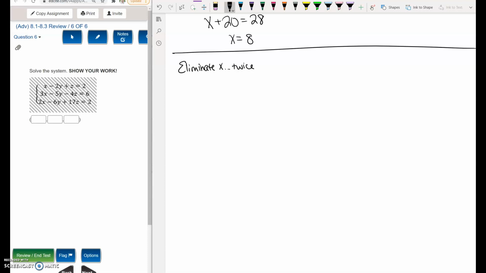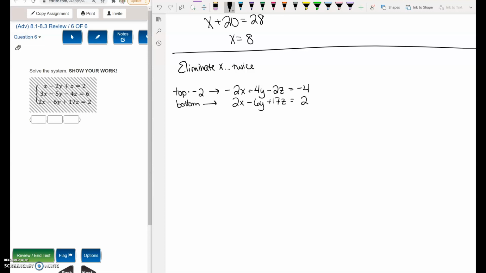So first I'm going to do the top equation times -2. That will give me -2x plus 4y minus 2z equals -4. And I have found that when I label my work like this, it makes it a lot easier. And then I'm going to use the original bottom equation, which is positive 2x minus 6y plus 17z equals 2.